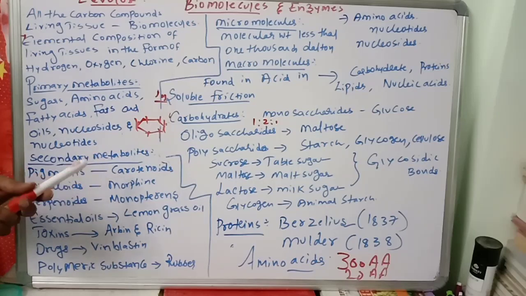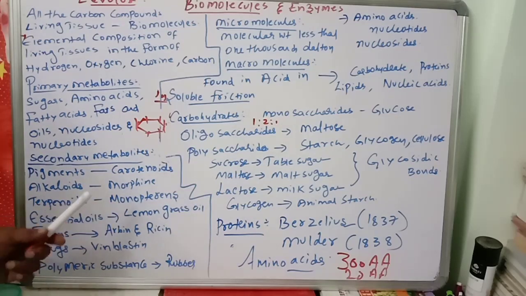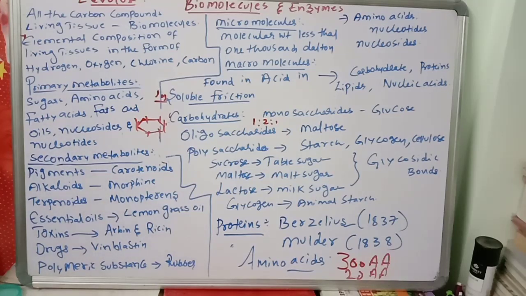Second is alkaloids, for example morphine. Next, terpenoids, essential oil, lemon grass oil, toxins, resin, drugs, vinblastine, and polymeric substances, for example rubber. Any bit will come in the need.